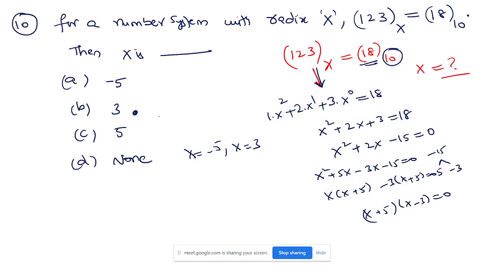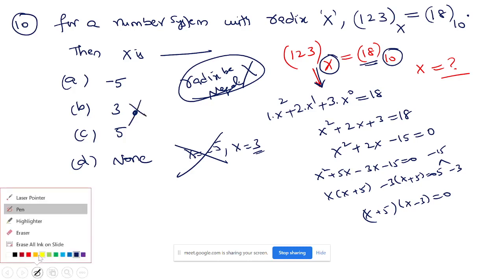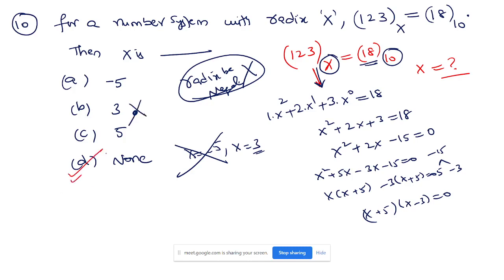Can radix be negative? No, it's impossible. Radix cannot be negative, so it's ruled out. Now what is the other option? 3. So 3 is also not the right answer. Answer is none. You know why? Suppose you take that 3 exists, 1, 2, 3 base 3.